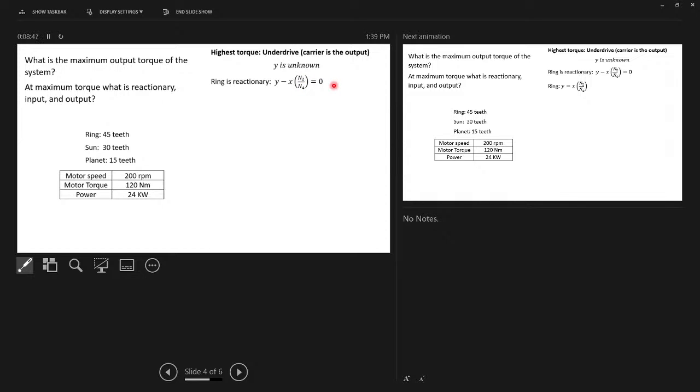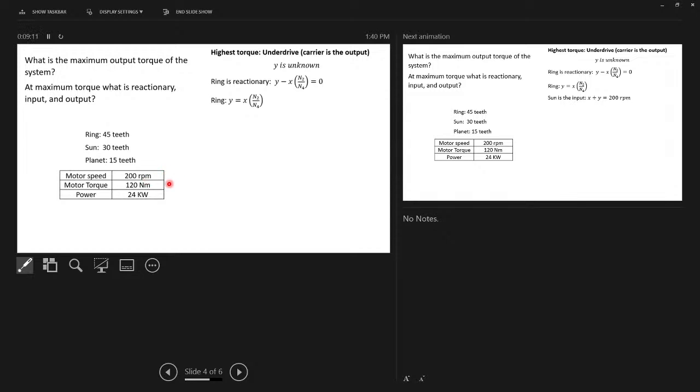You can call it reactionary, or think of it as stationary, standing put. Looking at that condition, you know that y is equal to x times the ratio between the sun and the ring. Now, since we know the sun is going to be the input, that means the sun is tied to the motor speed.